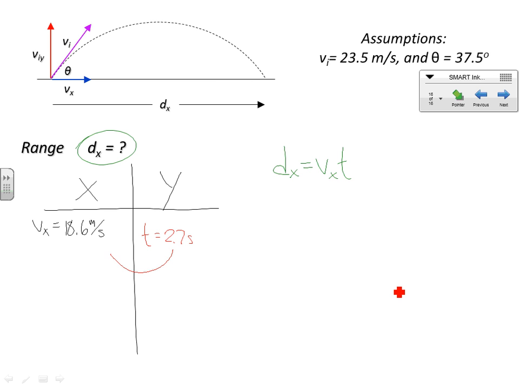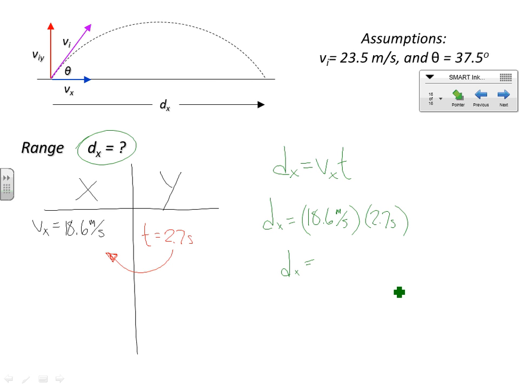Well, remember, time is the one thing we can use on either side. So we bring time over here, and then we just plug it in here. dx is 18.6 meters per second times 2.7 seconds. Calculate.